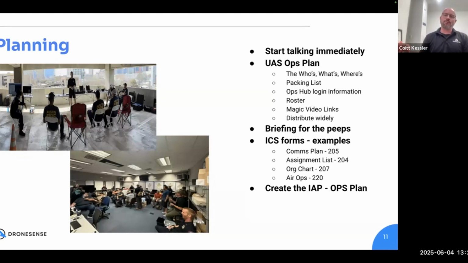Incredibly important when you show up for a disaster event. Then there's the assignment list, an org chart, and an air ops plan, the 220. Those are some really simple ones for you to take notes on. These are really important when you're showing up at an event and trying to coordinate everybody together.